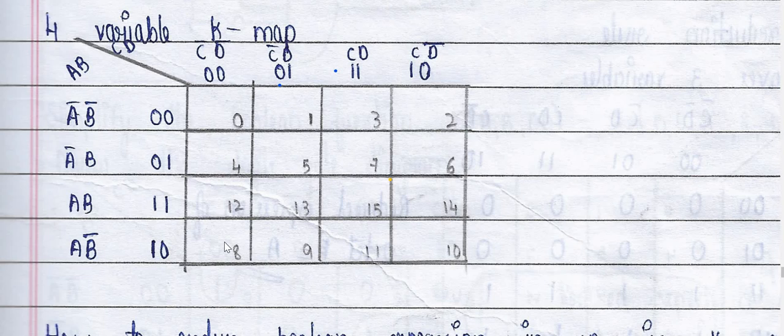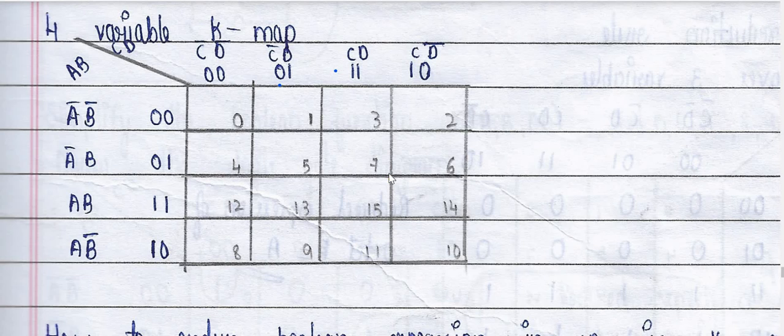See the last row's first cell: 1 0 0 0 is equivalent to the decimal number 8. Like that we can write all the cells. If it is difficult, you can memorize these rows. The first row is 0, 1, 3, 2.